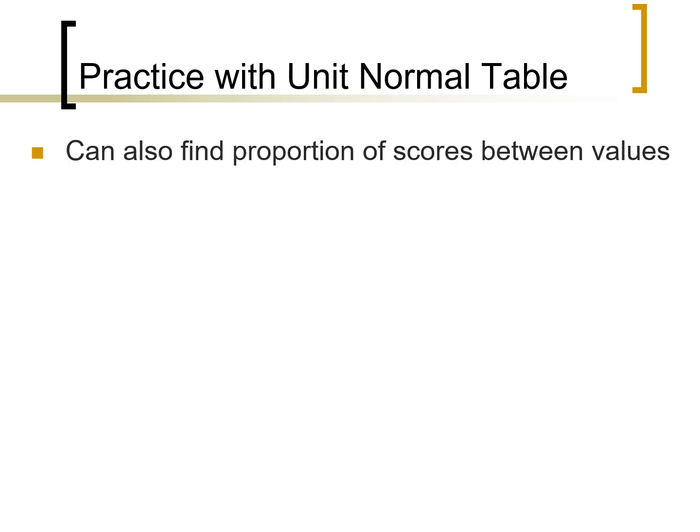So there's a few more things that we can do with the unit normal or z table. We can find the proportion of scores between two values. So for example, we can find the probability of getting a z value between z of negative 0.4 and positive 1.3. How do we do this?